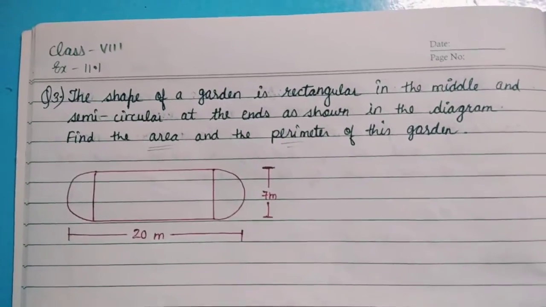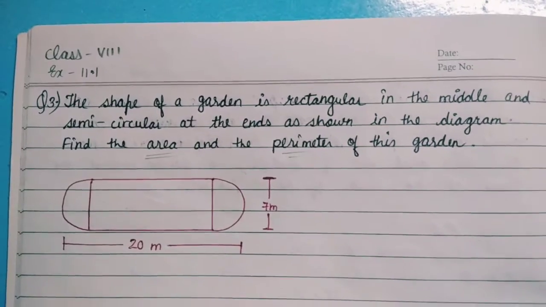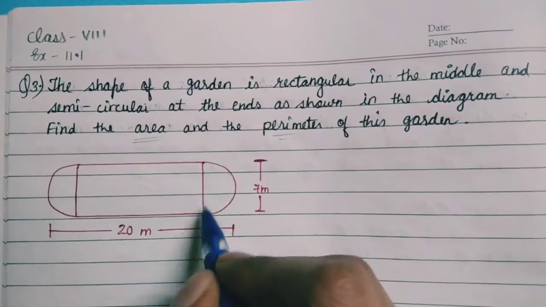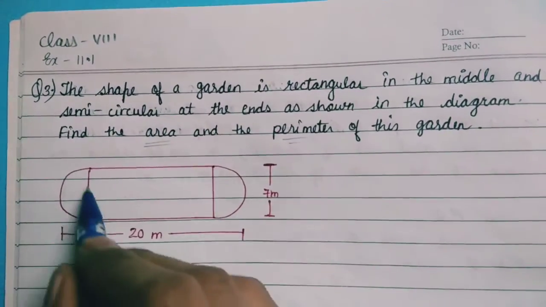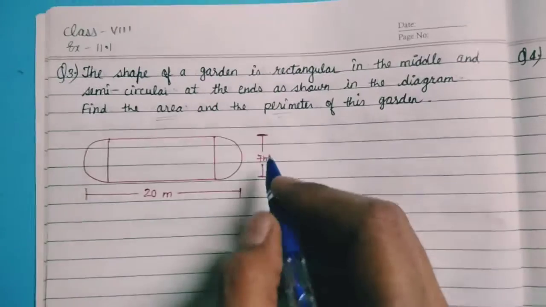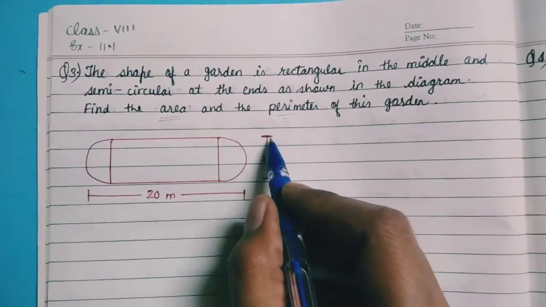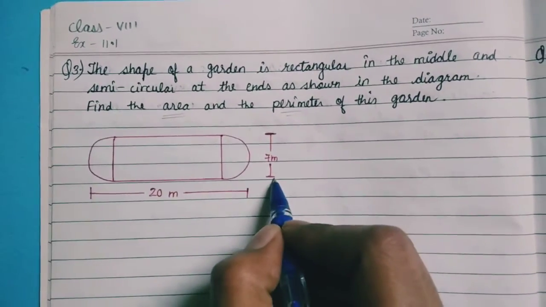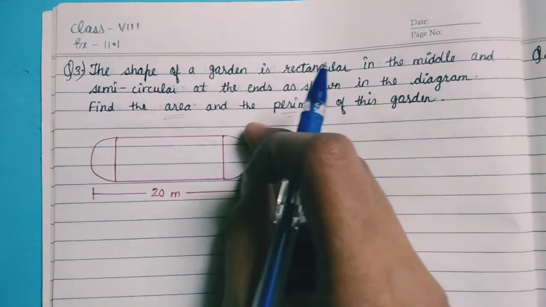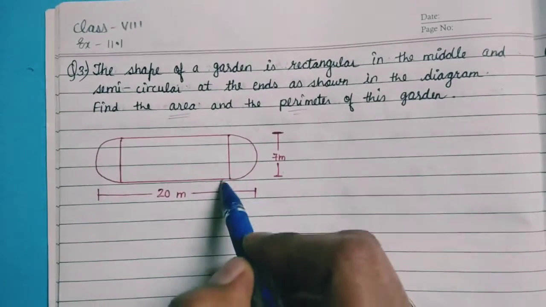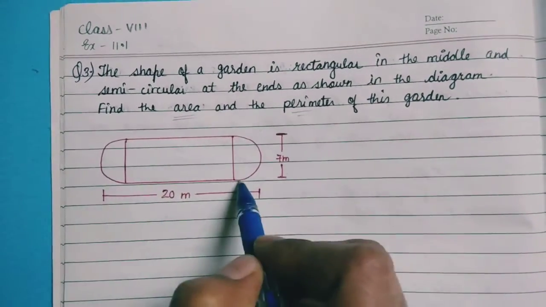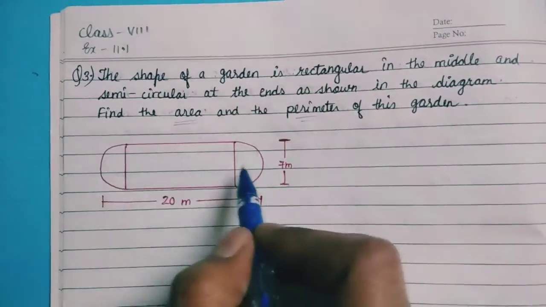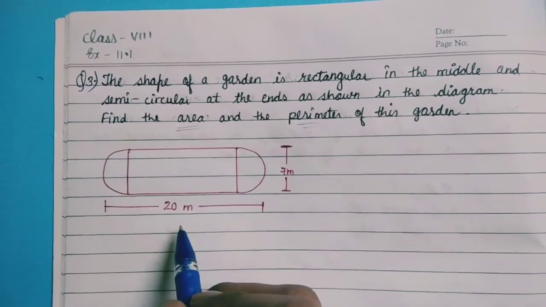So first of all, for getting the area or perimeter of this garden, we need to see what will be the radius of this semicircle. For that, you can see here we have 7 meter, which is denoting from here to here. It means when we measure from this side, all these things in the middle will be 7 meter, and our semicircles are on the ends of the rectangle.